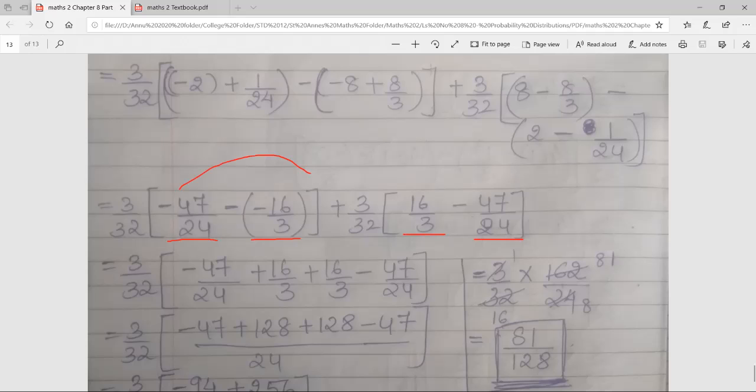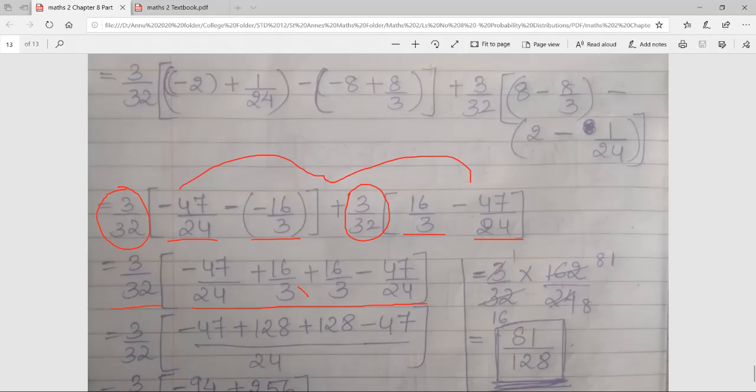So now I will be opening and combining both these brackets together, and both of them have got 3 upon 32 common. So I will take 3 upon 32 outside, and I have combined both of the brackets together like this. As you can see, the common denominator is 24.